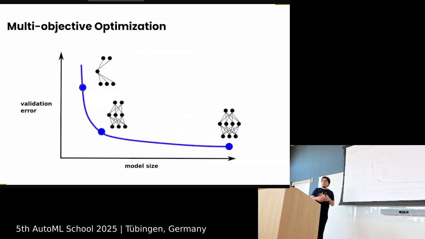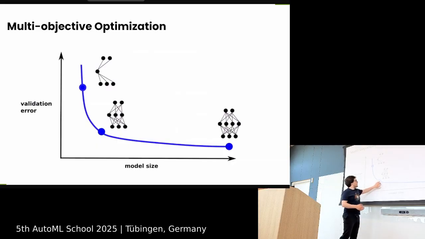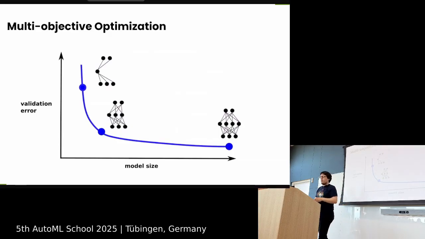But again here, it is actually a multi-objective problem because there's this natural trade-off between model size and validation error, right? If you throw away things, then you lose in validation error. And there's a bit of a sweet spot maybe, where you don't end up with random performance, but still you're small enough to actually give you benefits in terms of latency.